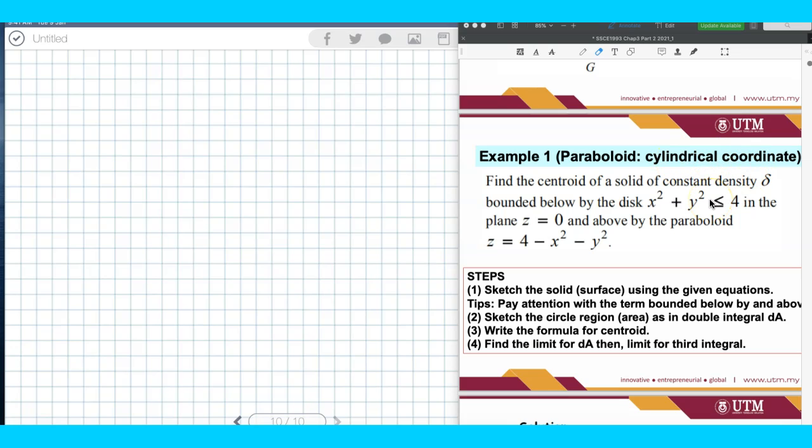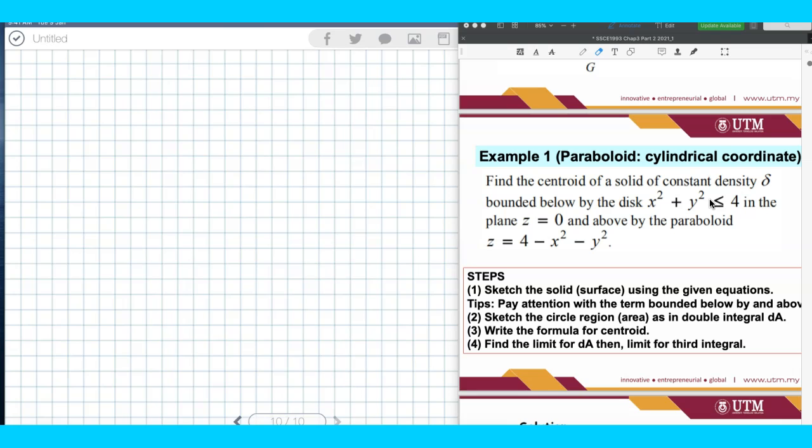But you have to bear in mind that in an exam, sometimes they don't tell you exactly which coordinate system you have to use. The hardest part is choosing which coordinate system is the most suitable one.